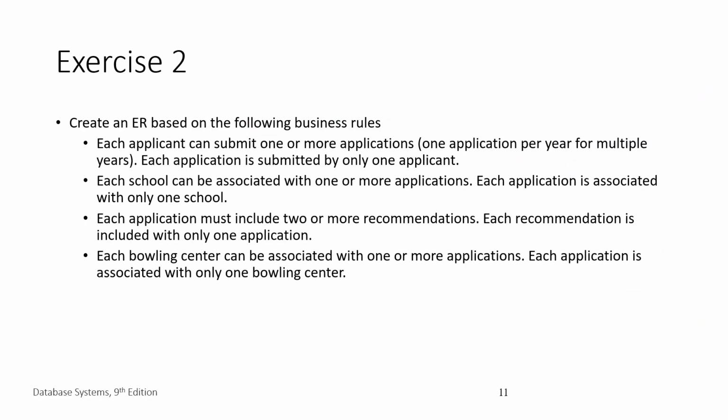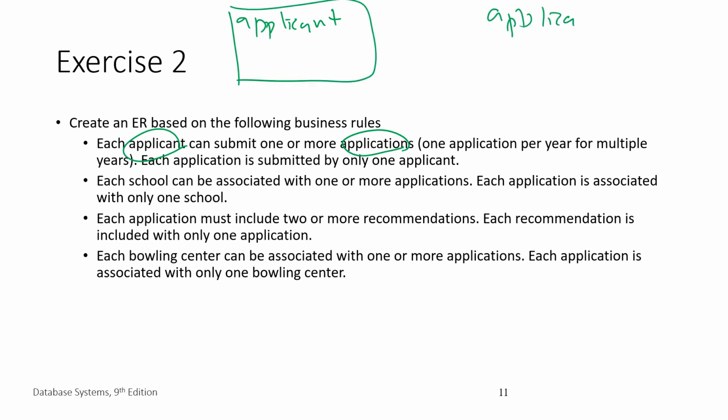Next, create an ER based on the following business rules. Each applicant can submit one or more applications. So we have entities applicant and application, with the relationship submit.